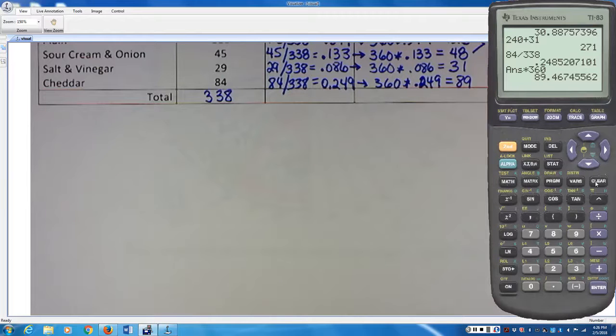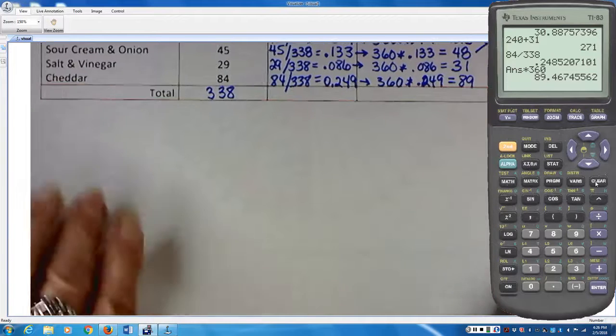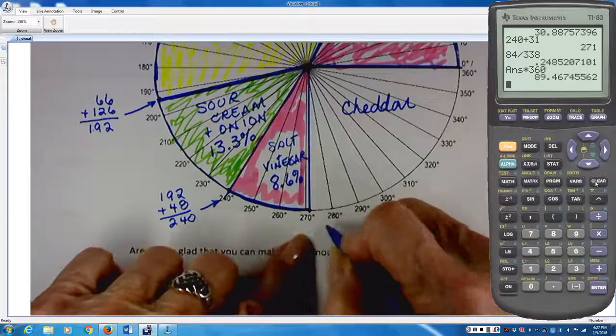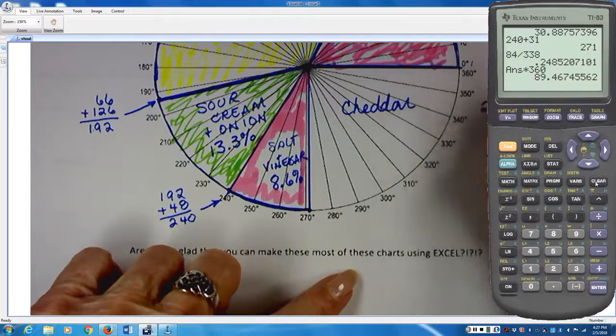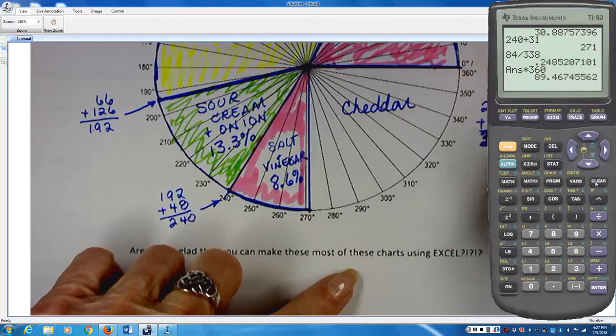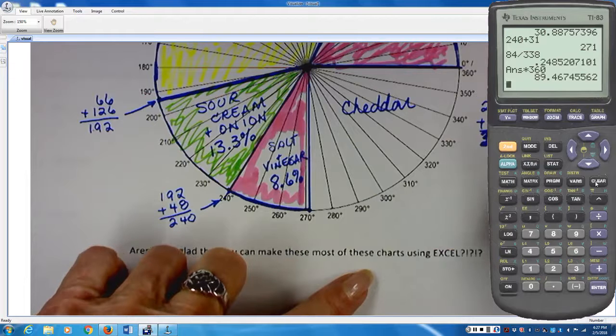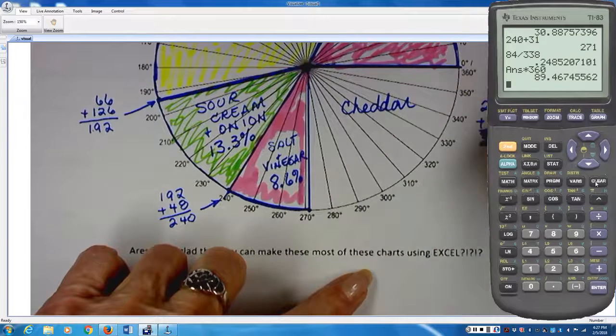And if I go from where I was on the circle, I get 359, or actually, because of round off error, I'm back to 360 degrees.